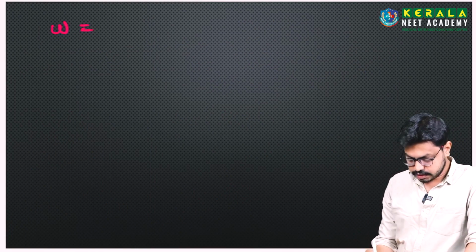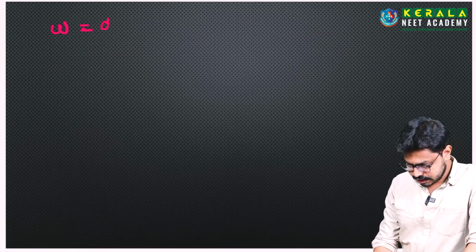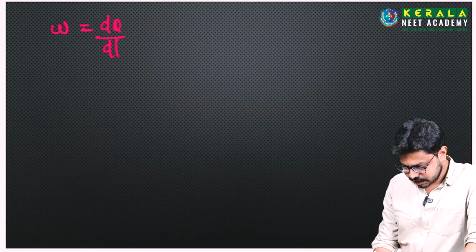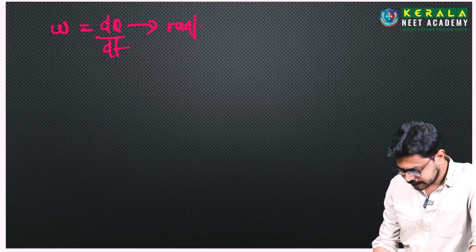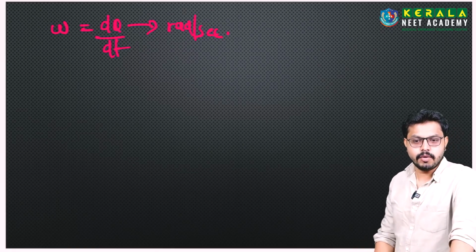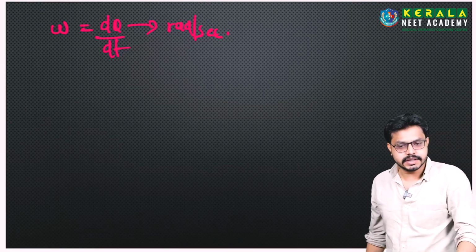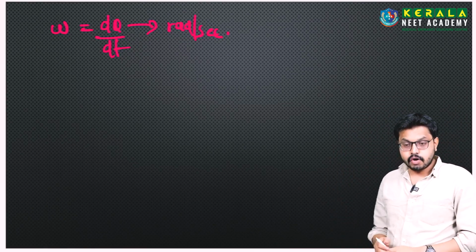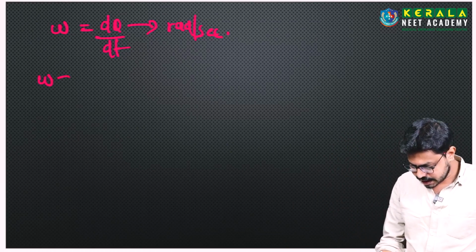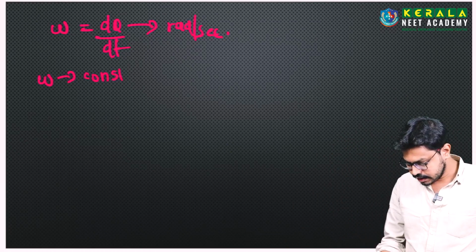Angular velocity omega is equal to d theta divided by dt. The unit is radian per second. We already discussed finding the direction of omega, using the right hand thumb rule. Clear? Omega is constant. Omega is constant in where?